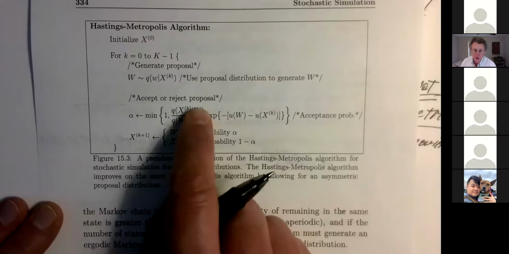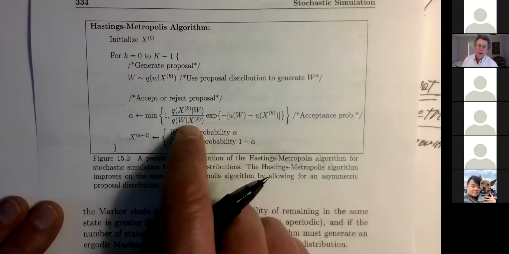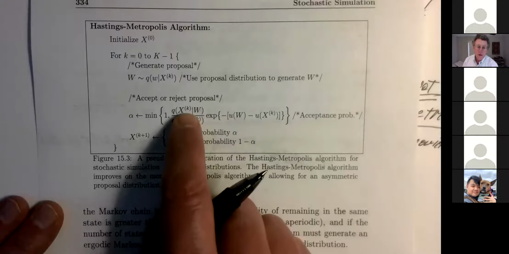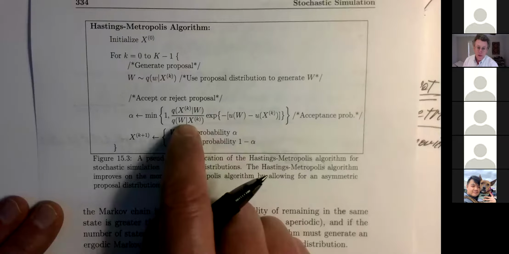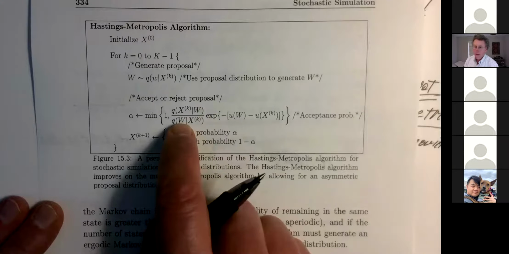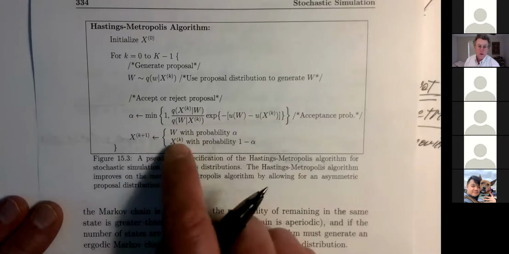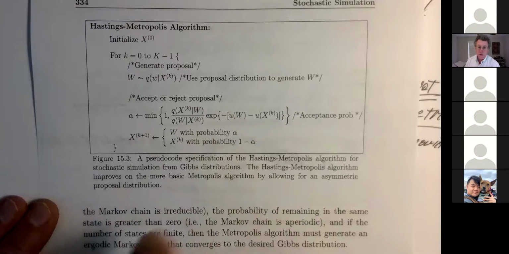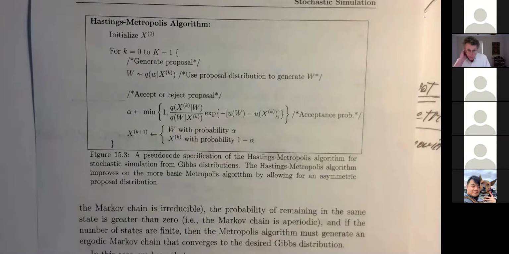But this ratio captures how much you're over-proposing certain transitions, and we use it to penalize the acceptance rate. If you're proposing W way too much, then you divide by a larger number and you accept it less. This allows you to use any proposal distribution.